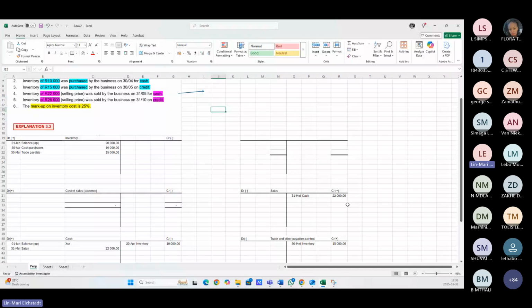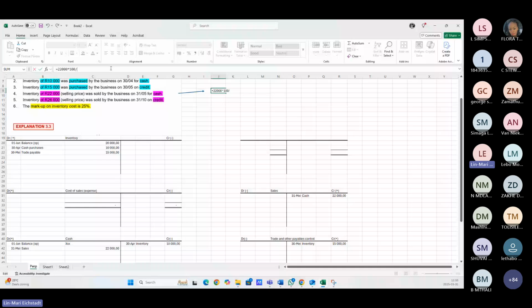So if we look at this, we've got our markup is 125%, right? So if our selling amount is the 22,000, which we have at the bottom as sales, we are saying, what is our sales times what do we want? We want our cost of sales, which is always 100, divided by what do we have? We have our selling price.